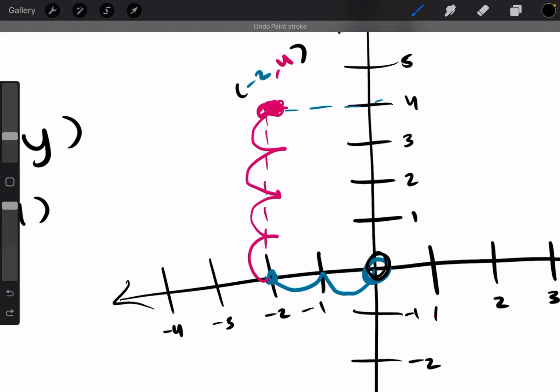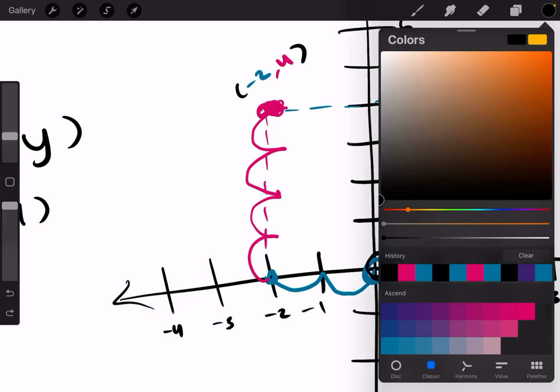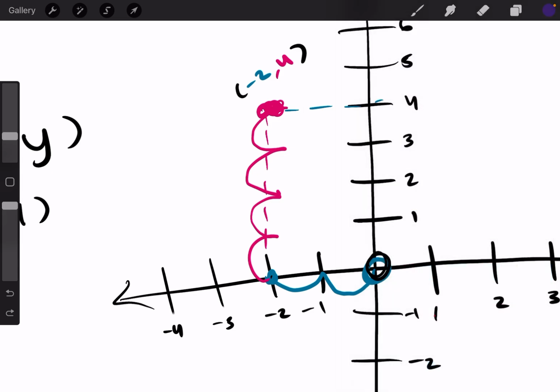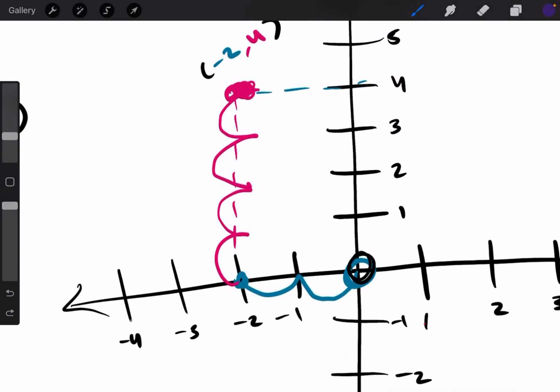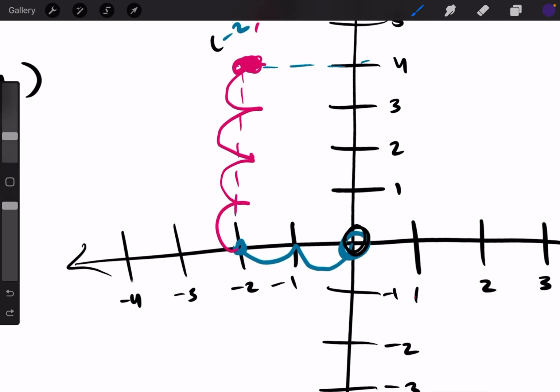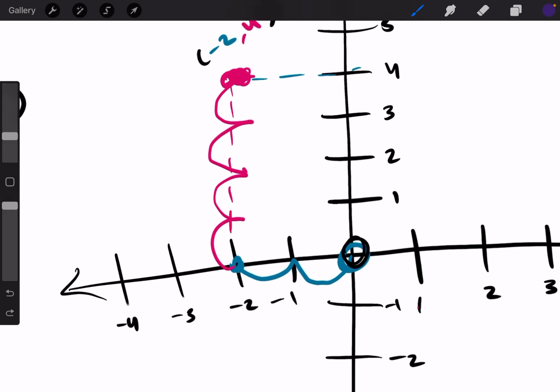Let me use a different color. I'm going to use purple because that's a rough mix of blue and magenta, not exactly. I'm going to start at the origin, and then we're going to look for the distance from here to here, so this entire line.